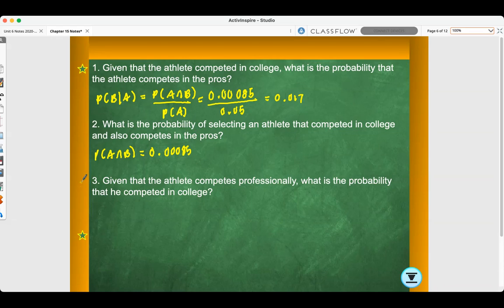Given that the athlete competes professionally, what is the probability that he competed in college? So probability of A given B. This would be the probability of A and B, all divided by the probability of B. We know the probability of A and B is 0.00085.